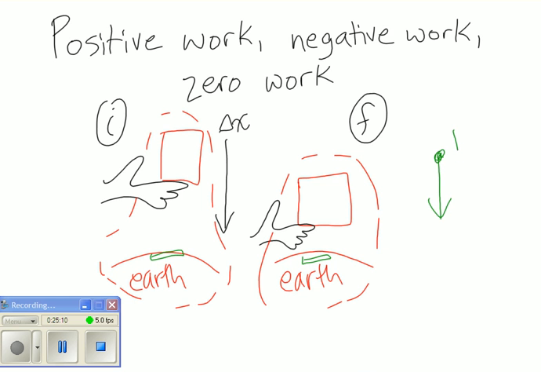If we drew a force diagram for this block, what's the direction of the external force? What object is exerting the external force in this situation? The hand. This is the external object.